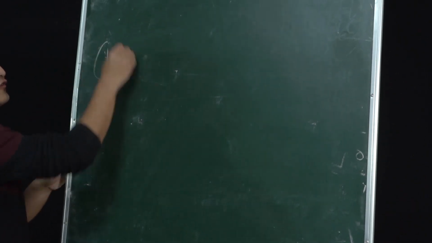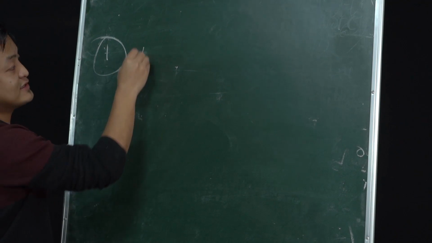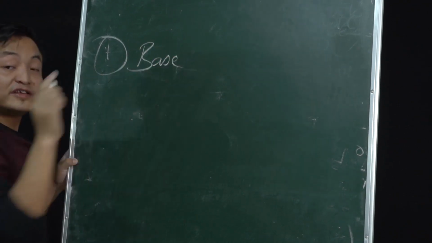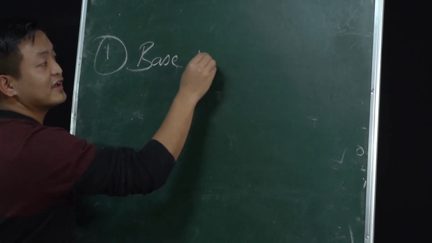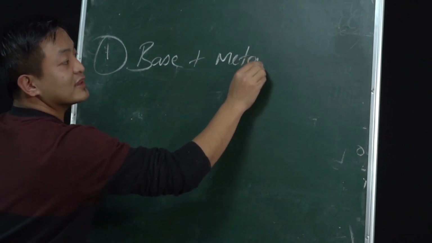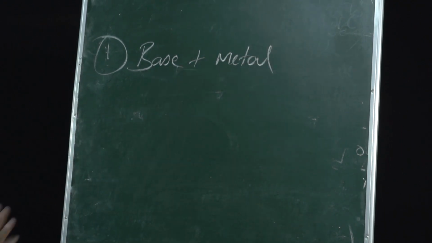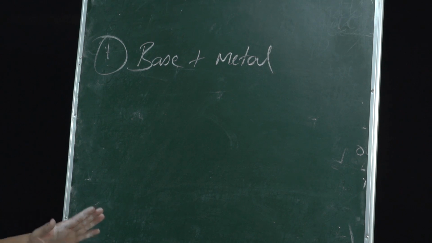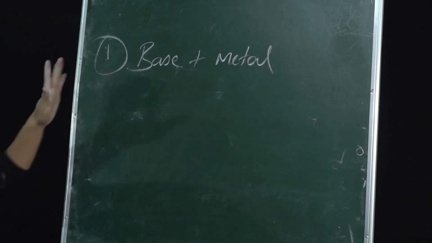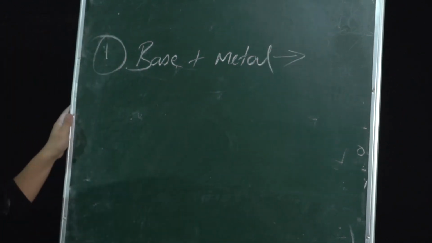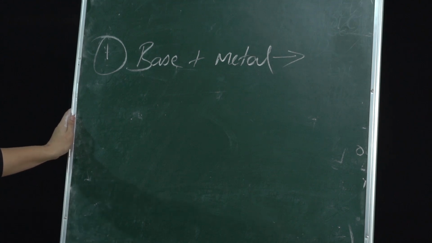Okay, now for chemical properties of base, we have base reacting with metal. So the concept is very similar to acid, right? So base and metal reacting, what will we get as a result?